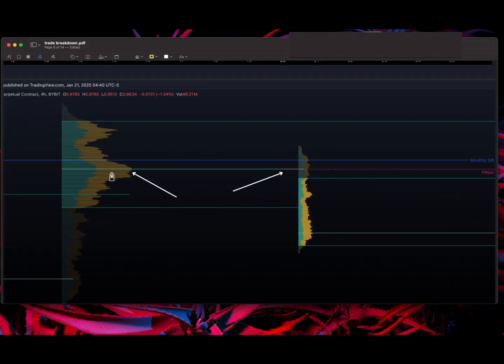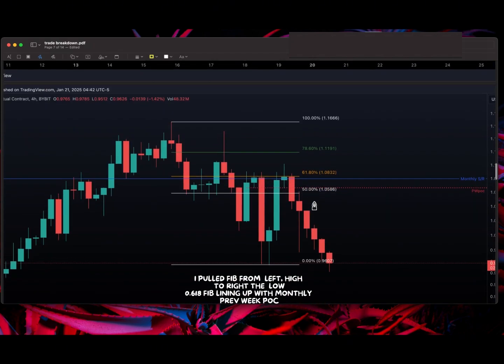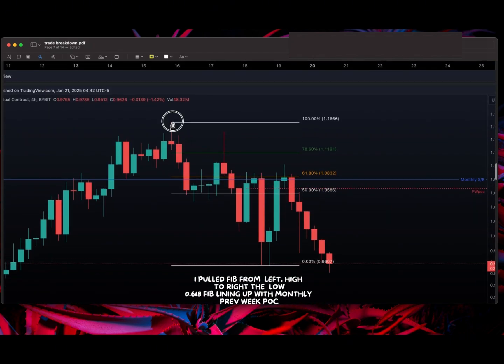Just to see it clearly, you can see the previous week POC. A new week starts here, and price was coming up into the previous week POC and the monthly level. What I also did was take a Fibonacci from the high to the low of the current move before the pullback into that key level.